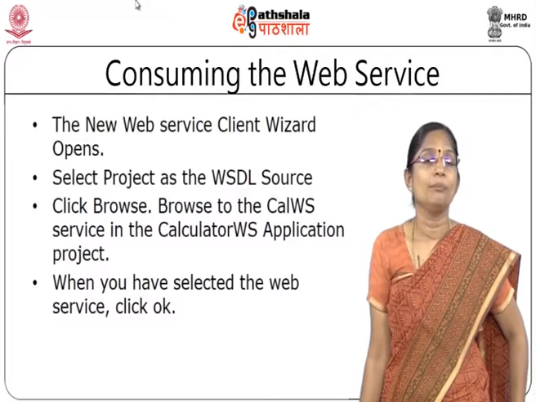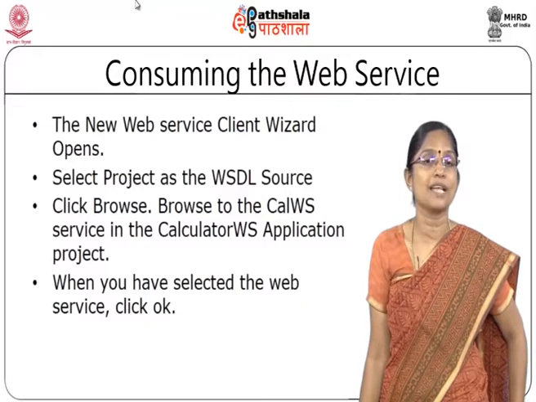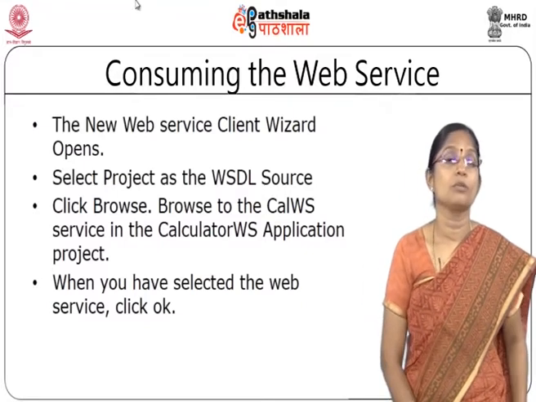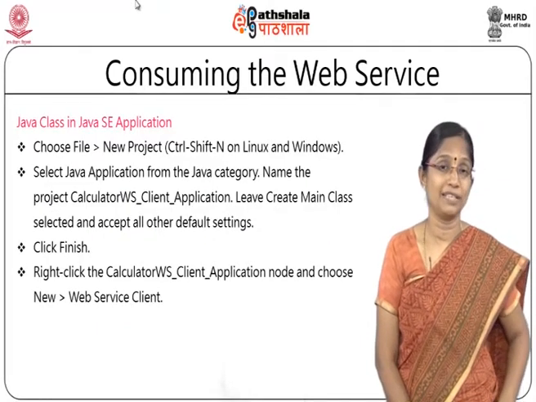Again there will be a browse option. You click the browse option and take the calculator WS web service in the calculator WS application project. The client application project you have created here is called calculator WS client application.